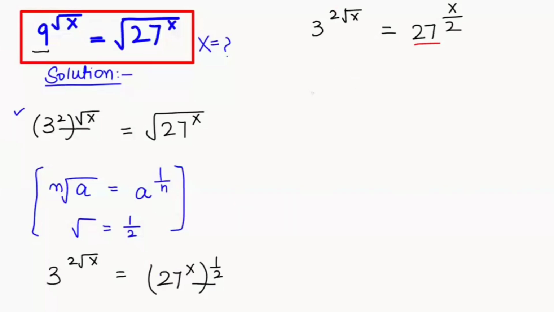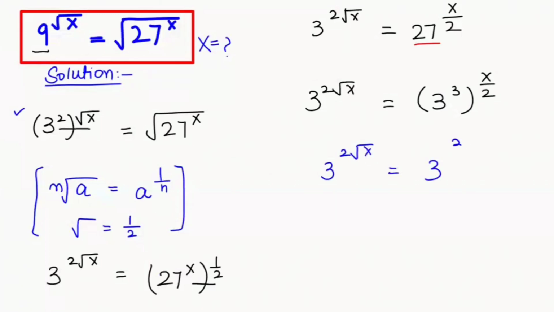Here, I will write 3 to the power of 2 root of x is equal to (3 to the power of 3) whole to the power of x over 2. Again, the powers are going to be multiplied here. So I will write 3 to the power of 2 root of x is equal to 3 to the power of 3x over 2.